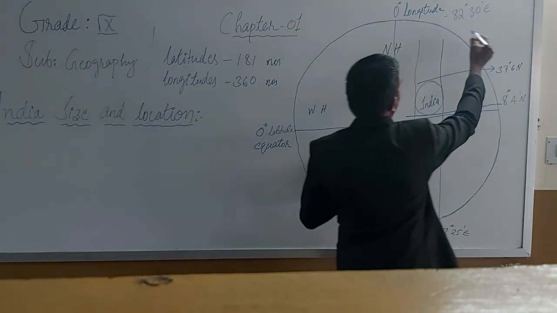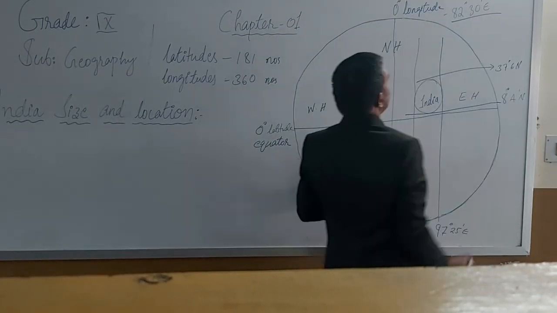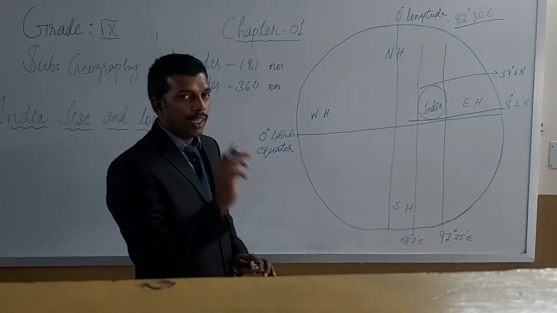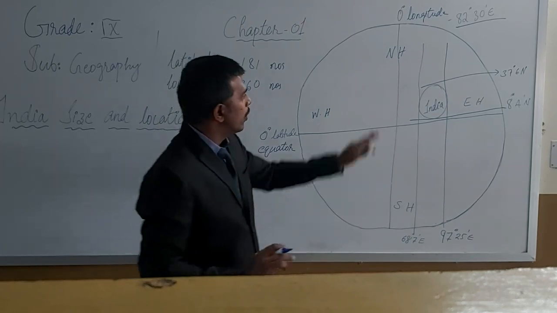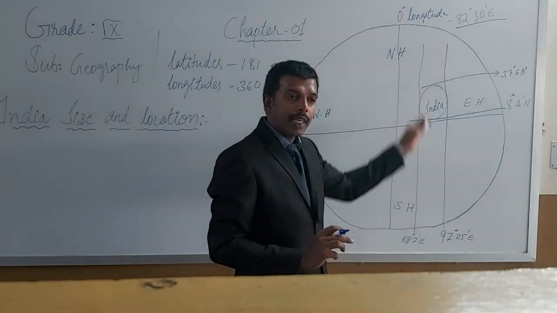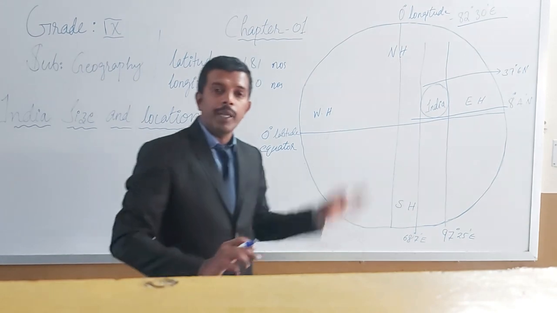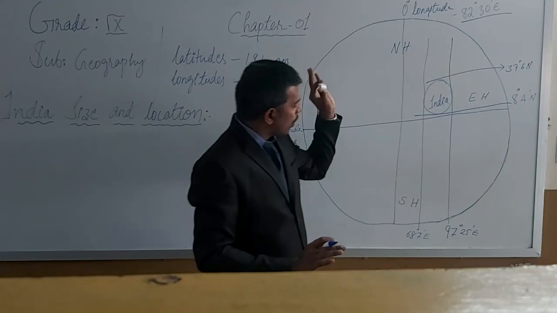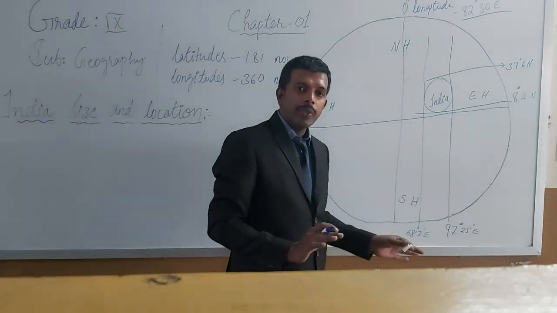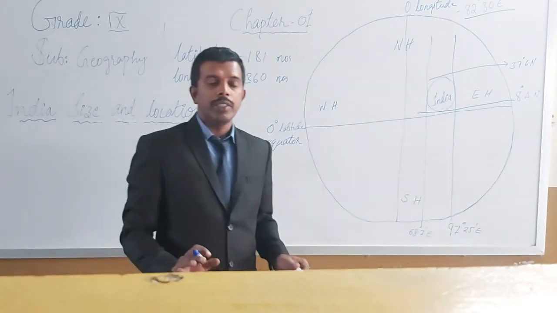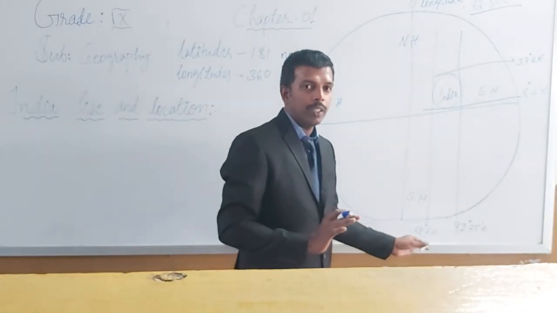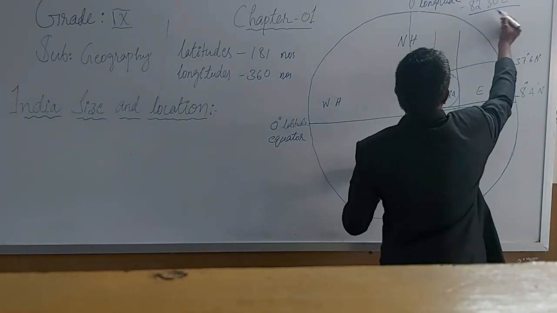Here you might have noticed a longitudinal line written here, 82 degree 30 east. This longitude is taken as the standard meridian of India. That means the time all over India will be determined by this meridian, 82 degree 30 east.